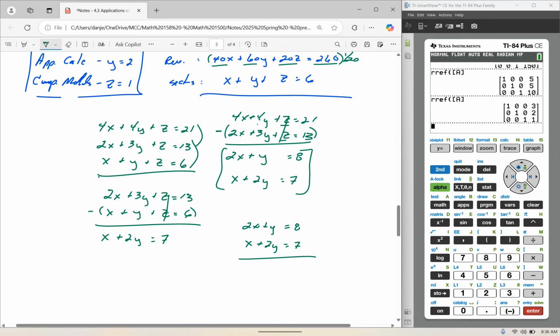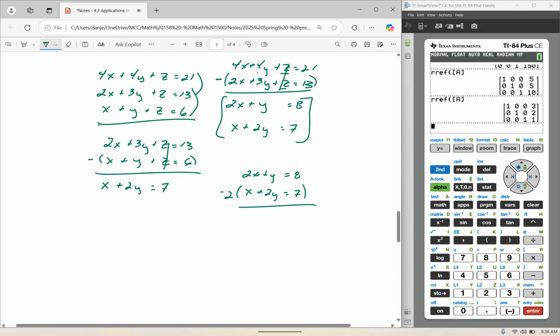I guess let's multiply the bottom equation by -2. So we'll have 2x plus y equals 8. Negative 2x minus 4y equals a negative 14. The 2x's cancel. Y minus 4y is a negative 3y. 8 minus 14 is negative 6.